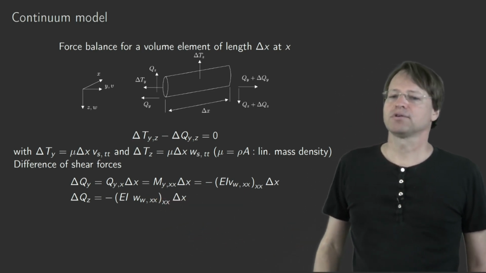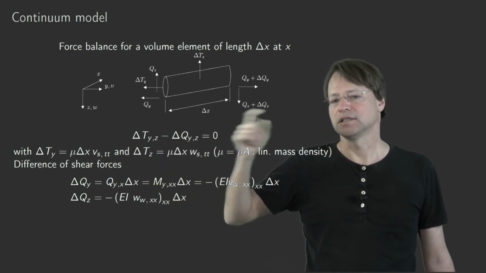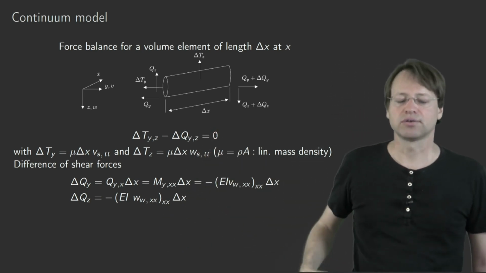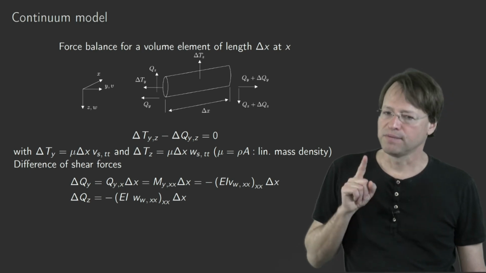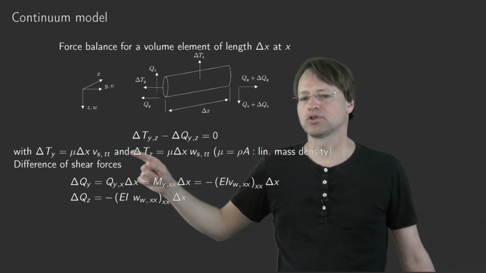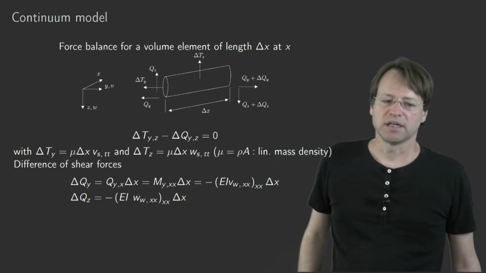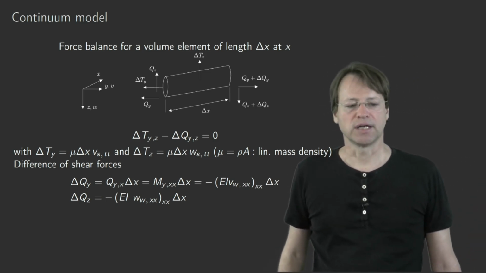So now we have terms at hand for the inertia part, so for delta t. We have terms at hand for the shear forces, physical terms at hand, so we can put them all together, but we will need kinematic relationships, because the inertial terms refer to the center of gravity, while qy and qz refer to some geometric center of the cross-section area.